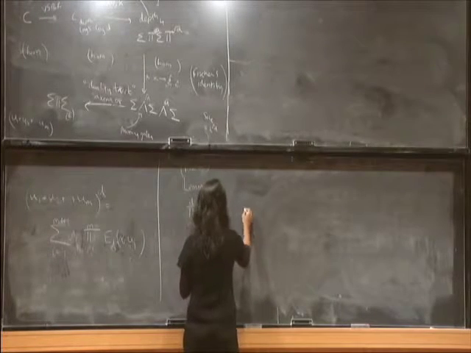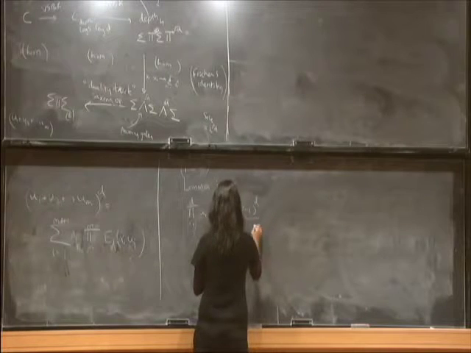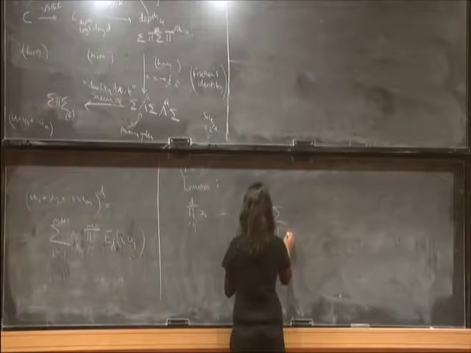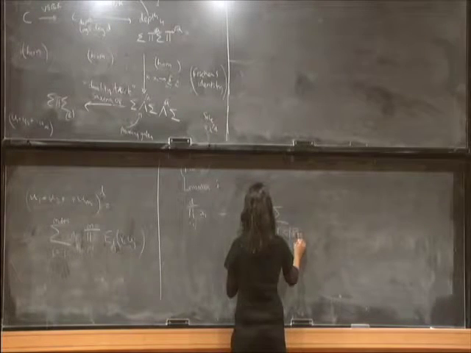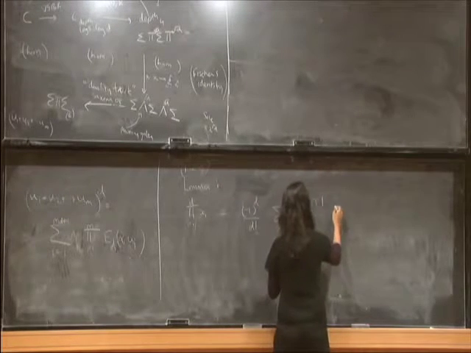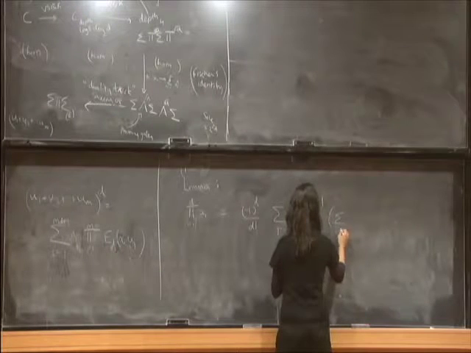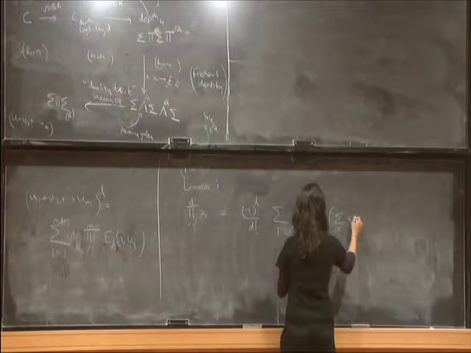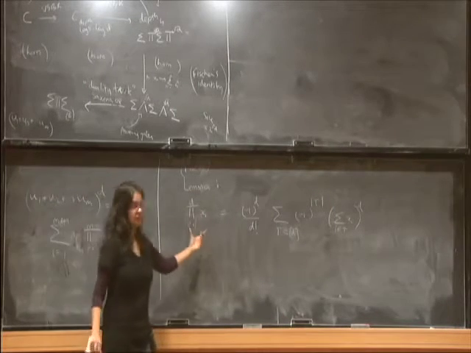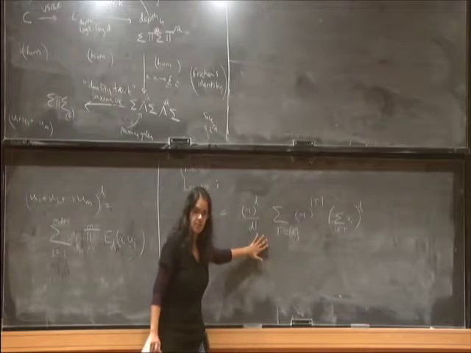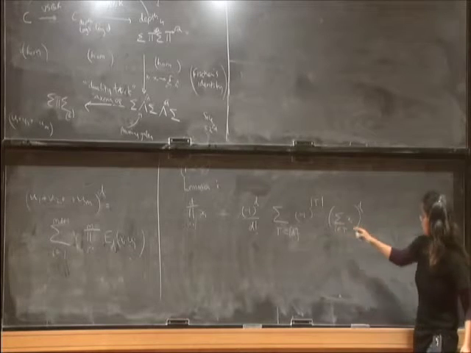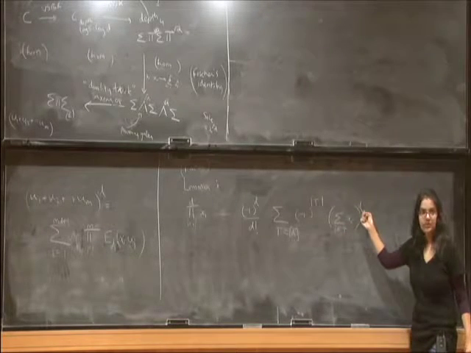Then this can be written as (-1)^d divided by d factorial, times a sum over all subsets T. So the product of x_i's is some constant times a sum of these linear forms to the power d.